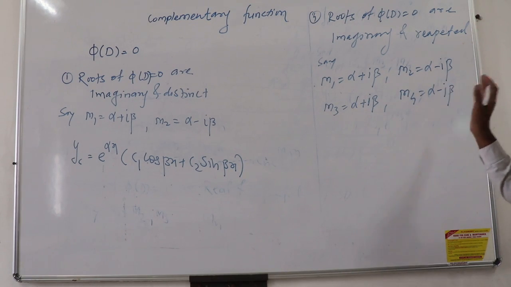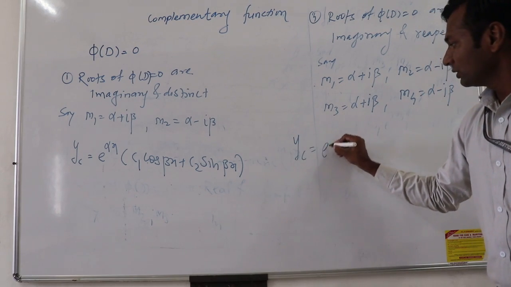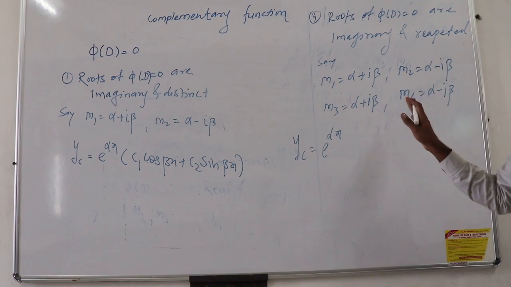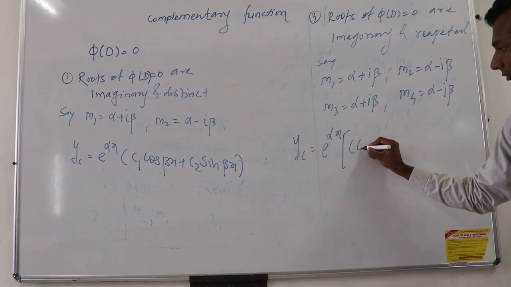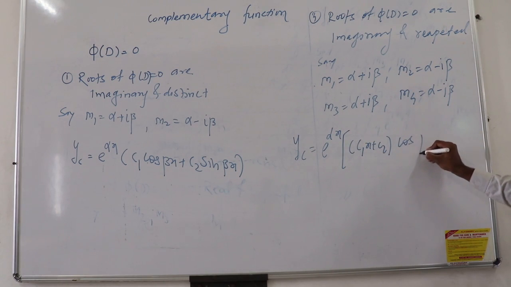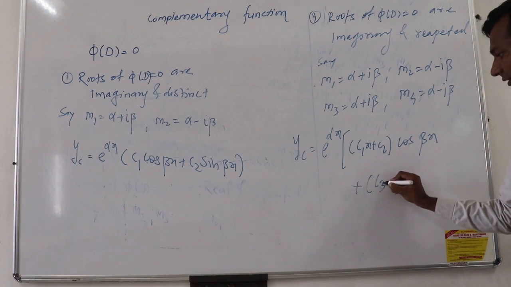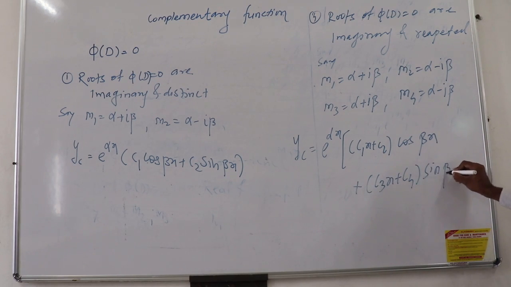So we get two pairs and both pairs are equal. Then its complementary function is yc is equal to e raised to alpha x, since alpha is common for all four roots and beta is also common, written as (c1 x plus c2) cos of beta x plus (c3 x plus c4) sin of beta x.